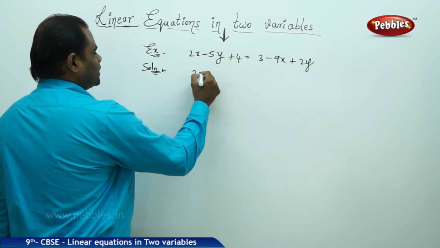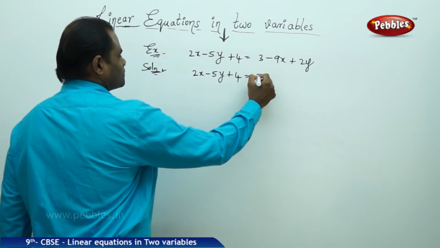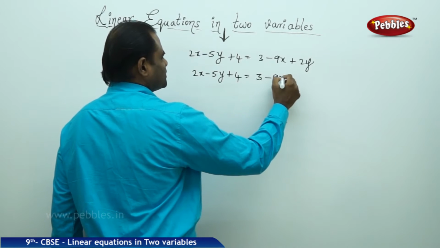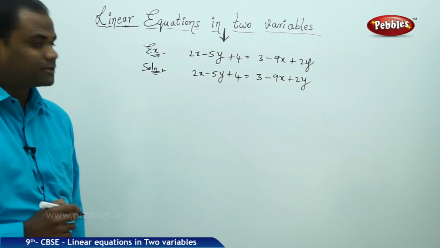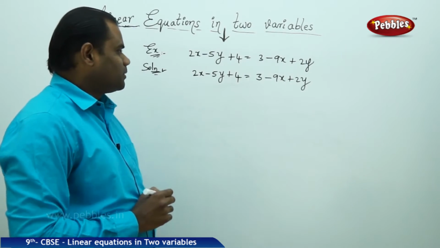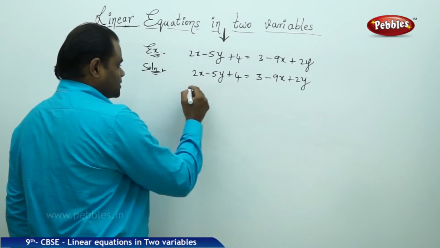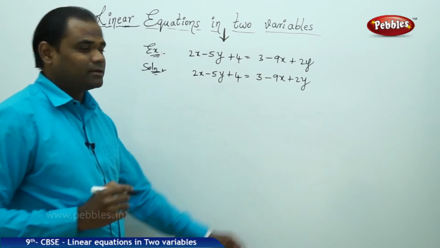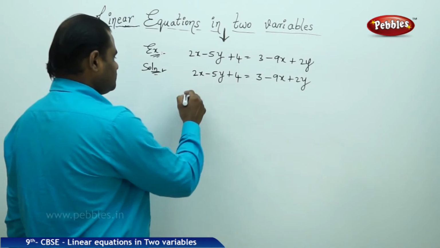The given problem is 2x minus 5y plus 4 equals 3 minus 9x plus 2y. So let me try to simplify this by taking all the terms to the left. As I can see that this can be further simplified by taking each of the terms on the right hand side to the left hand side.